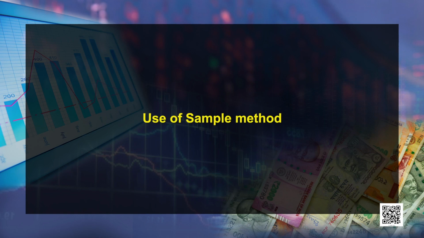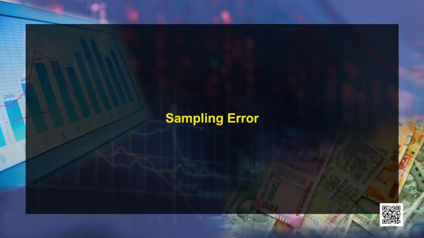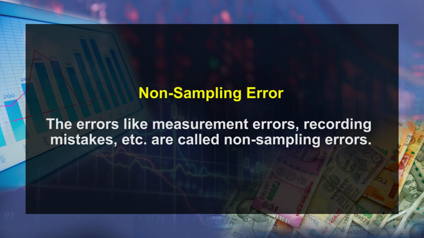When we use the sample method to draw inferences about population characteristics, another kind of error is introduced. This is called the sampling error. The errors which we discussed in the last episode, that is the measurement errors, recording mistakes, etc., are called non-sampling errors.